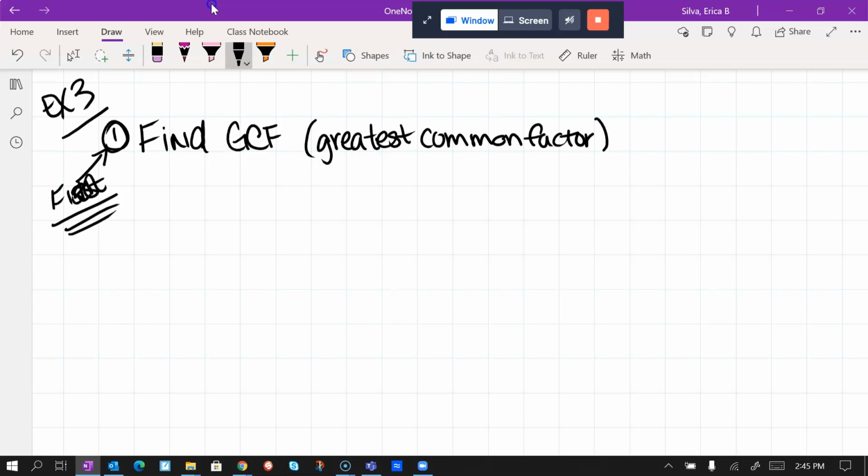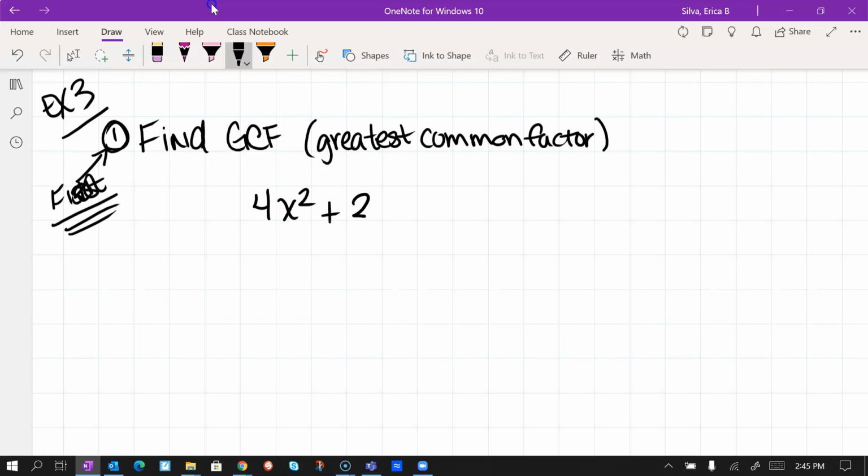All right, so for my first example, to find the GCF, we've got 4x squared plus 2. Now, if we look at those two numbers, what's the biggest number they have in common? What can we divide both of those numbers by? 2. So we can divide this number by 2, and we can divide this one by 2.